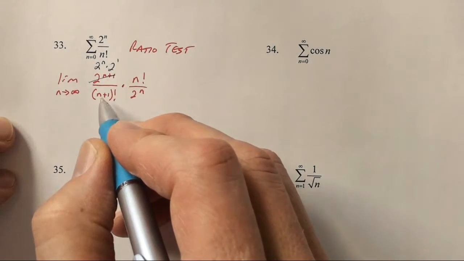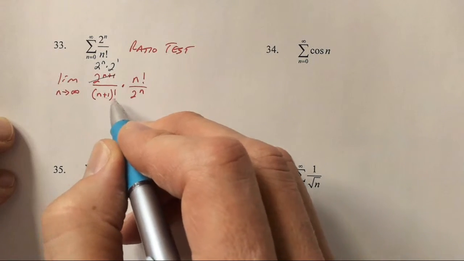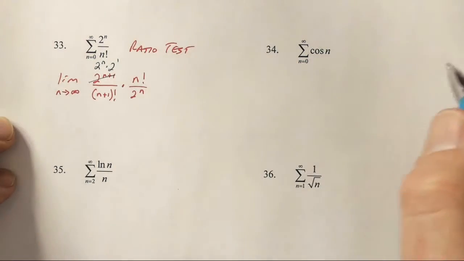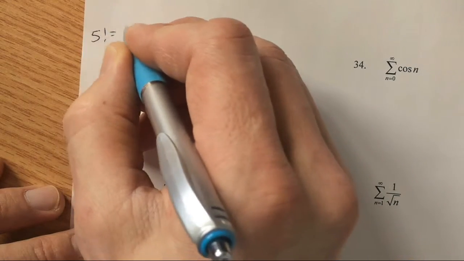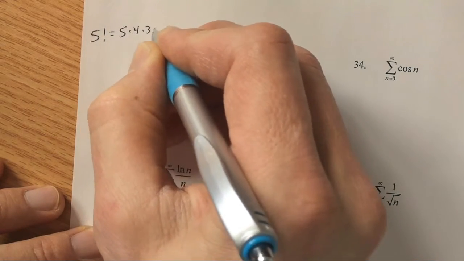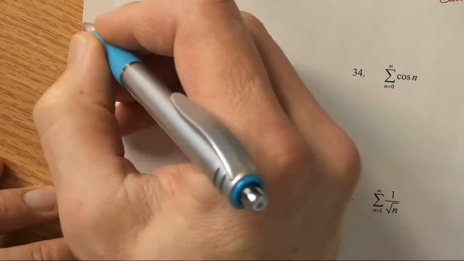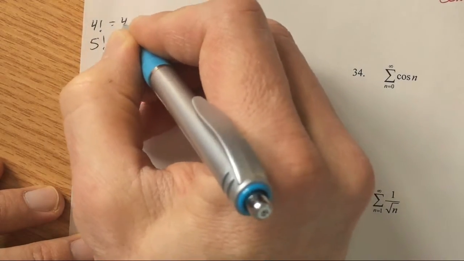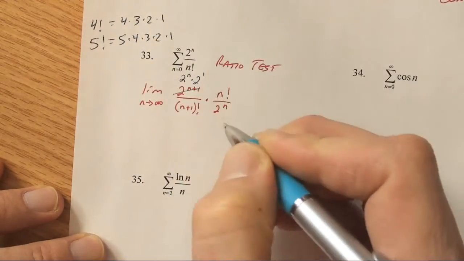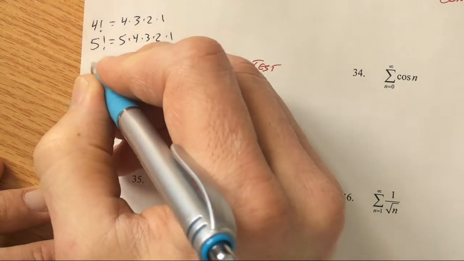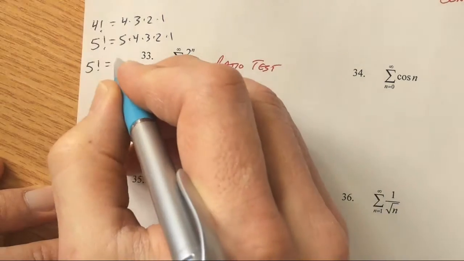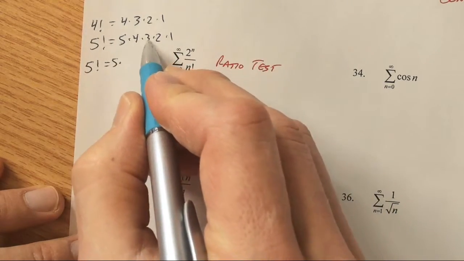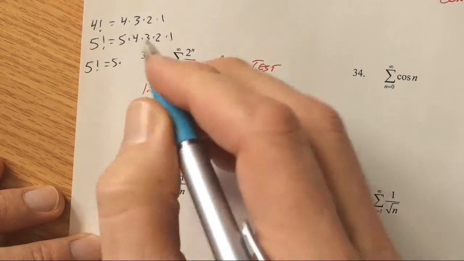Factorial, which I believe we talked about in a previous video, means that, for example, let me just go over here on the sidebar. If we have 5 factorial, that's equal to 5 times 4 times 3 times 2 times 1. And 4 factorial, well, that's 4 times 3 times 2 times 1. So if we're looking for 5 factorial, another way of looking at it is 5, right here, times 4 times 3 times 2 times 1, but that's just 4 factorial.